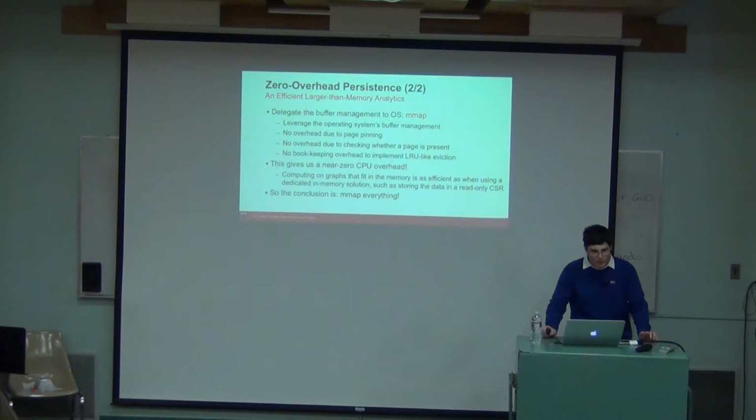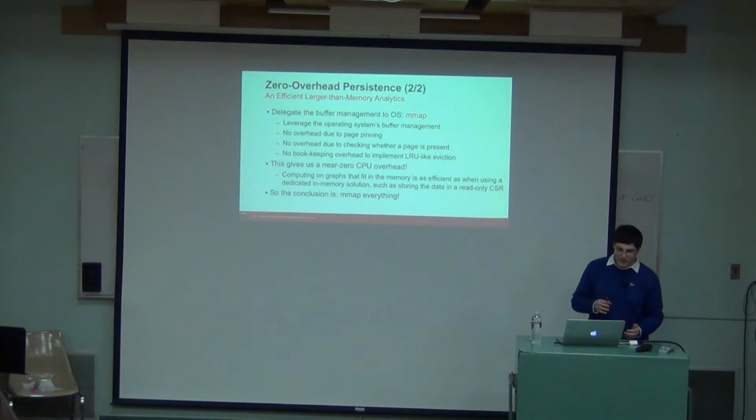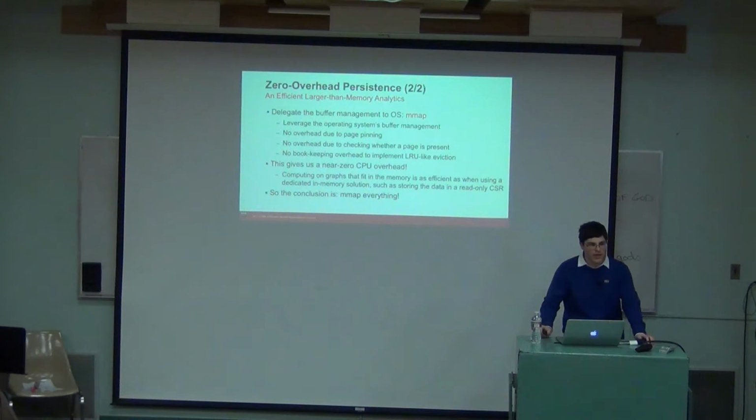What this allows us to do is use memory mapping to delegate the buffer management to the operating system instead of re-implementing it ourselves. This means no overhead due to things like pinning pages in memory, no overhead due to checking whether a part of the graph is present before accessing it, and no overhead due to things like an eviction scheme to figure out which things to evict next when you need to make space to load up another part of the graph for analysis.